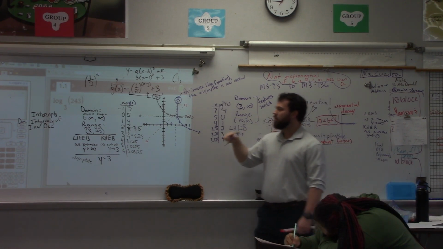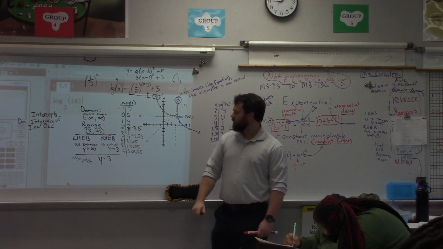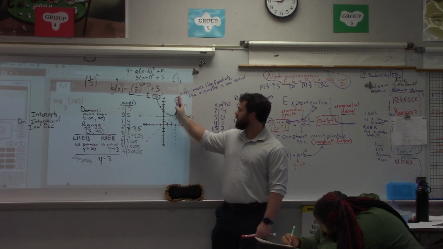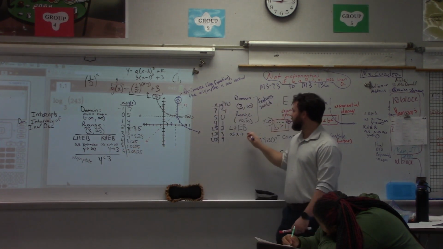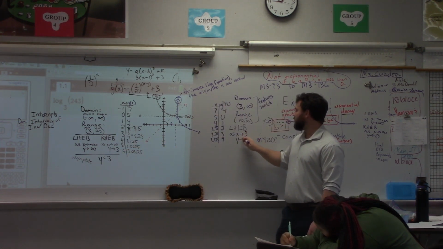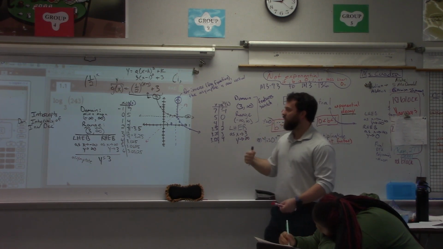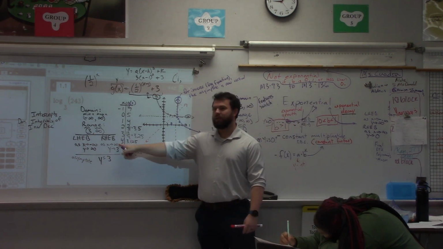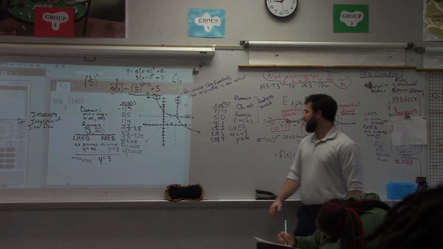That's y. Look again at my end behaviors. What is x going towards? 3. X is going towards 3 now, isn't it? Yeah. So as x goes to 3, y goes towards infinity. So the left and right hand side switched. It doesn't always, but notice how this x and this y did switch, right? So x goes to 3, y goes to infinity.